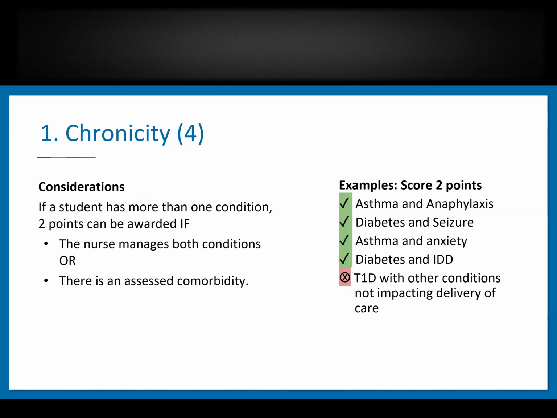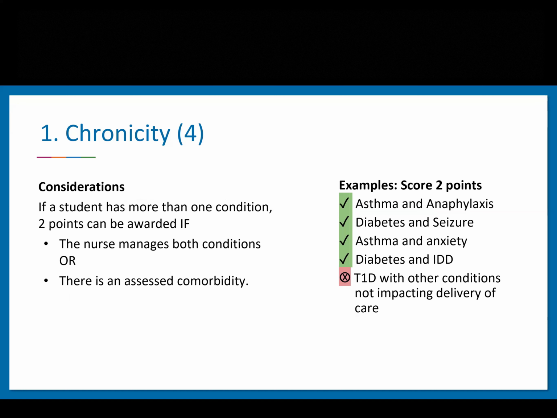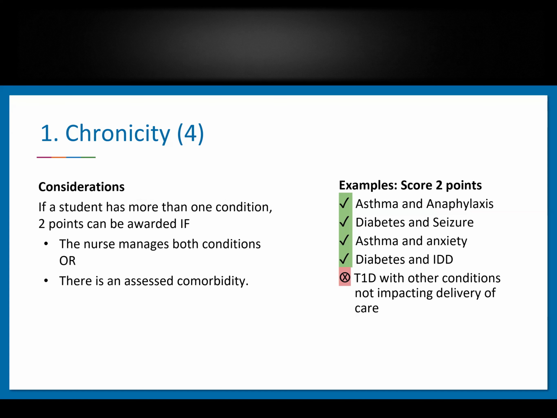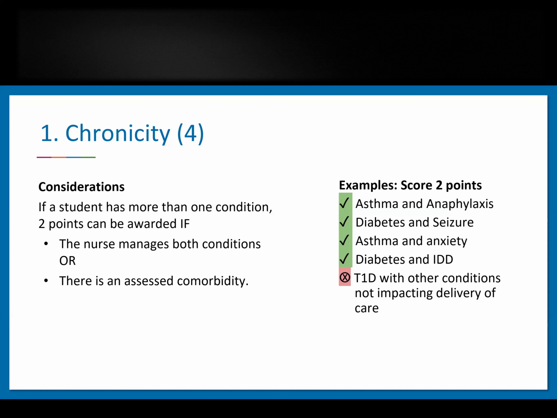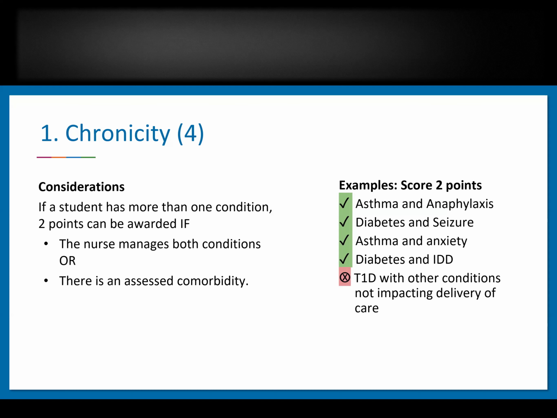If there is more than one diagnosis, in order to score 2 points on this criteria, one of the following must be true. Either the nurse is actively managing both conditions, for example, asthma and anaphylaxis or diabetes and seizure, or the nurse is managing one condition which is impacted by comorbidity with another condition.